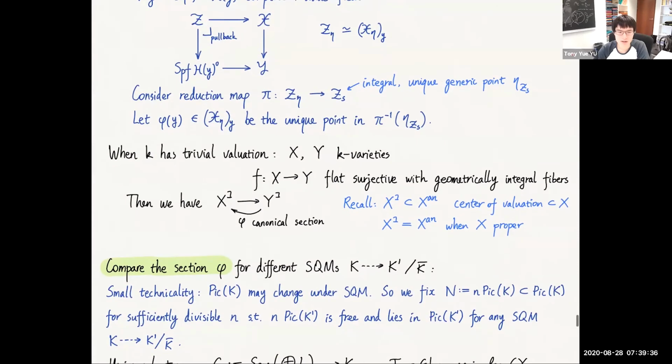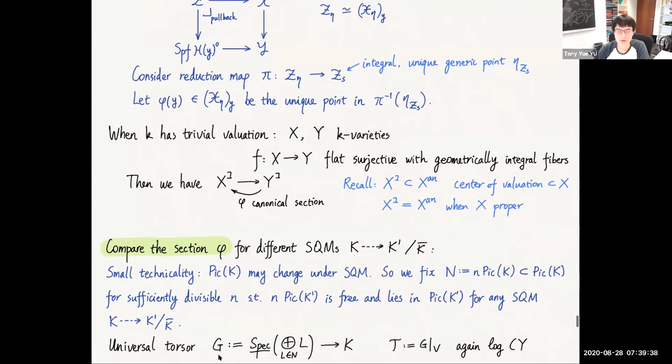And recall, we have our universal torsor G over K, whose restriction to V, denoted by T, is again a log Calabi-Yau variety.